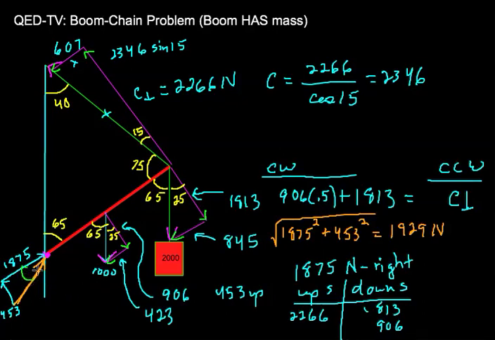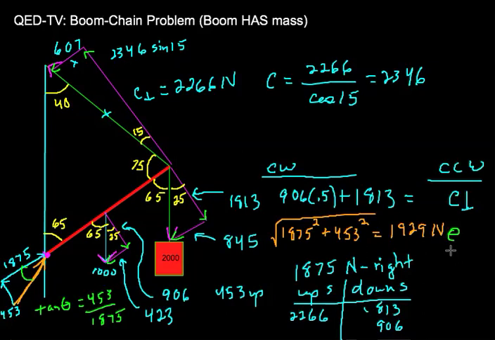That angle, of course, would be opposite over adjacent, so I'm going to use tangent. The tangent of the angle would equal 453 over 1875. If I divide that and do the inverse tangent, I'll see that this angle in here is about 13.6 degrees.